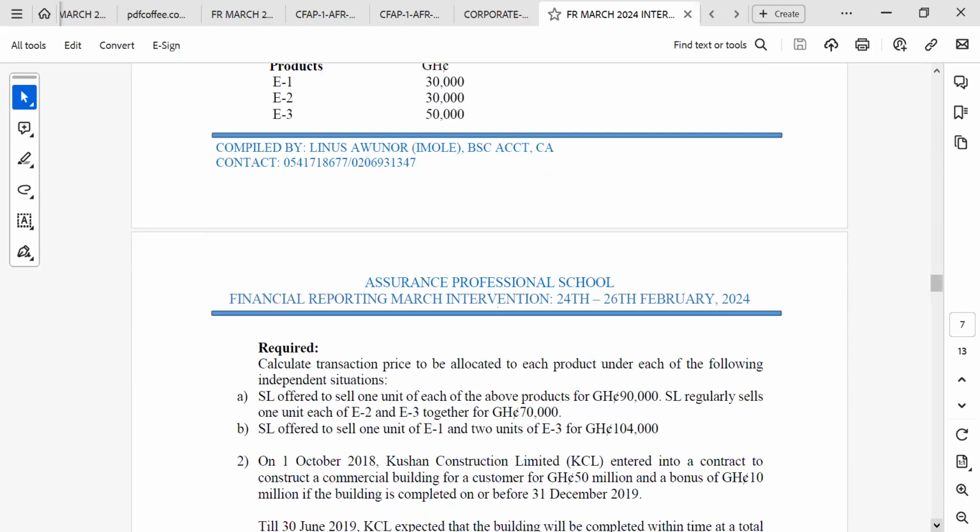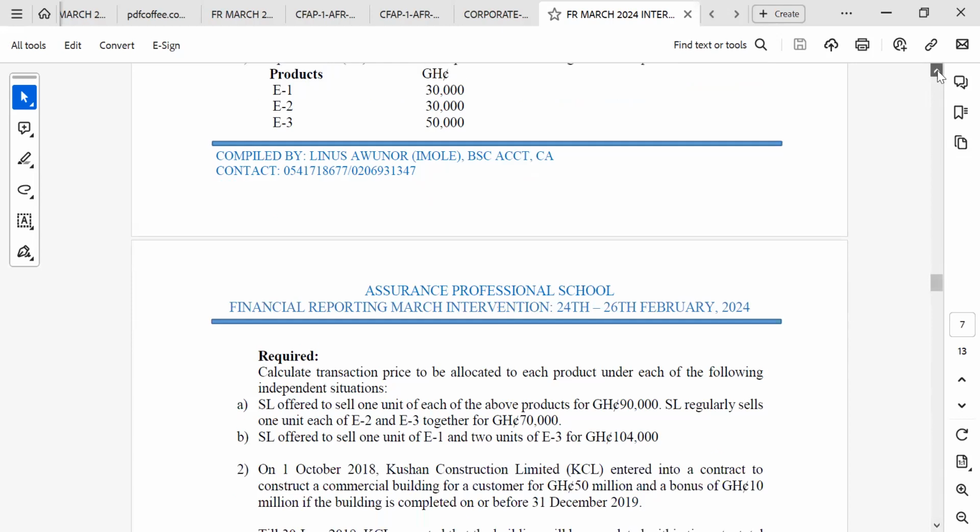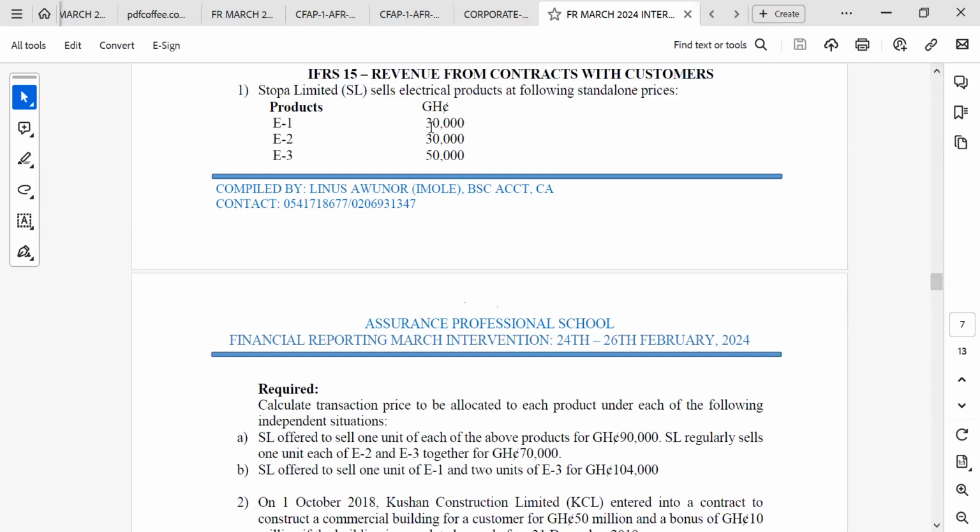Okay. So you can see that they have given you the selling price for each item, if you want to sell the items one by one. If you are selling them as individual items, these are the prices you are going to sell them at. They say you should calculate the transaction price to be allocated to each product under each of the following independent situations.